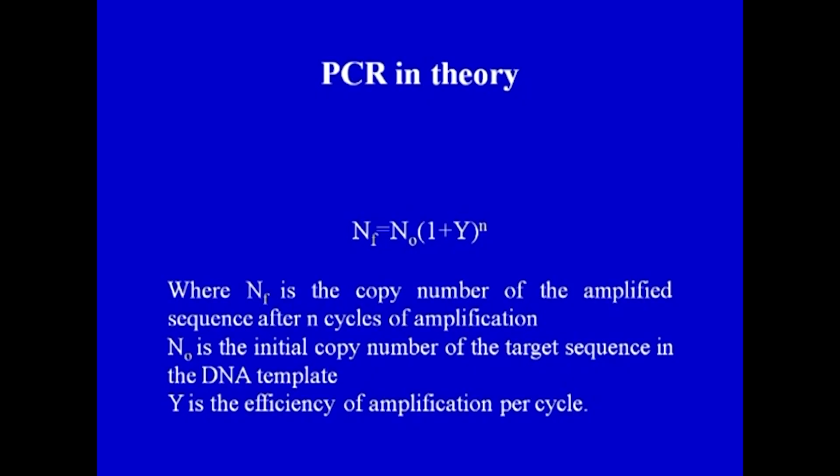The amplified products then accumulate exponentially as described in this equation, where you can see NF equals N0 (1 + Y) raised to power n, where NF is the copy number of the amplified sequence after n cycles of amplification, and N0 is the initial copy number of the target sequence in the DNA template. Y is the efficiency of the amplification per cycle.